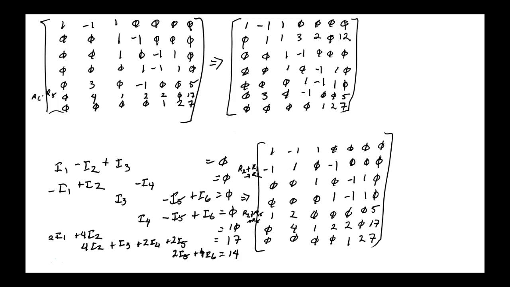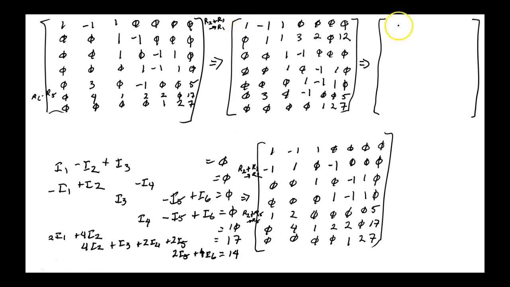So let's take care of that -1 on top. What do we do with that? Row 1 plus row 2. Perfect. That's the new row 1. Since I'm really crowding here, hopefully I don't lose anything.